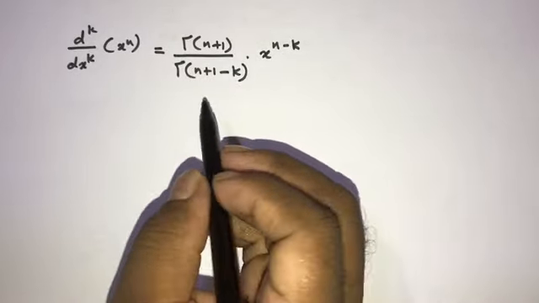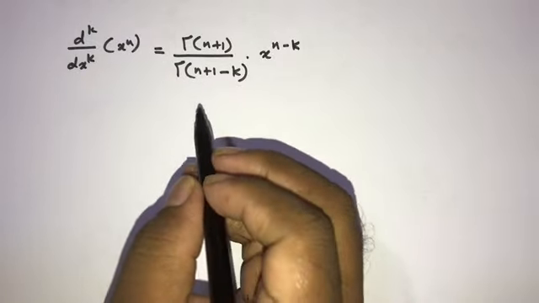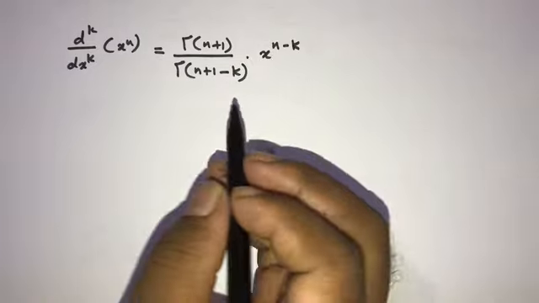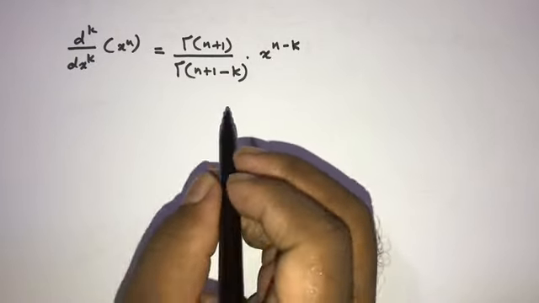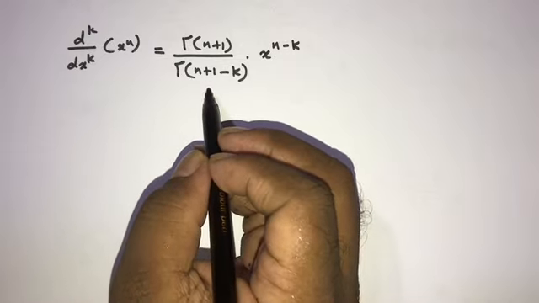Now we know factorial generally only works for integers, but if you would like to work with complex numbers, you can do it, because this is valid for any real and complex numbers.